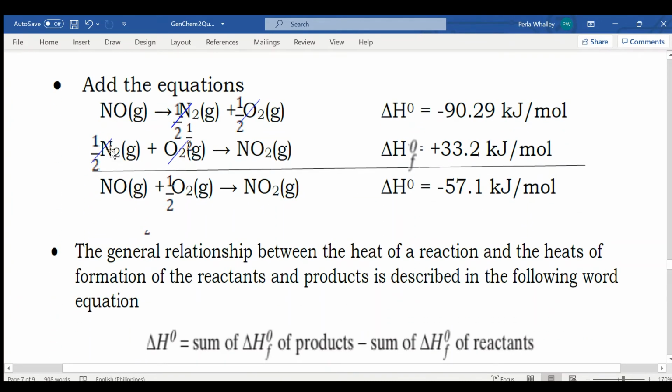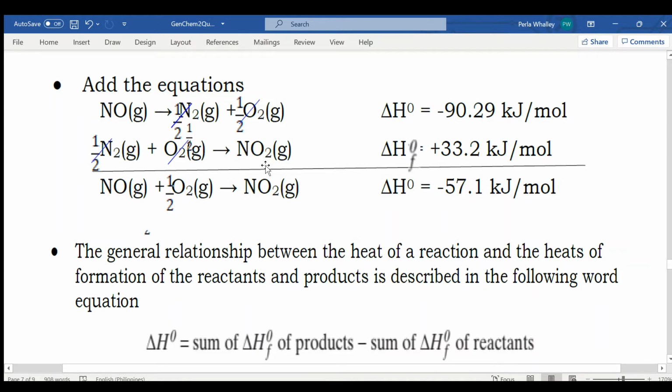When we add the equations, we cancel out substances that are similar between the two equations, but the cancellation would be between product and reactant. So let's see. Is nitrogen oxide cancelled with nitrogen dioxide?